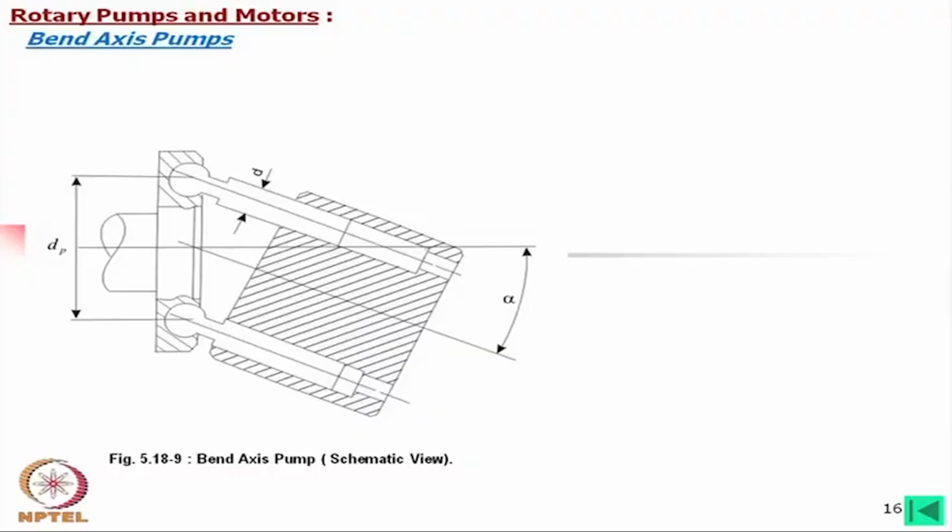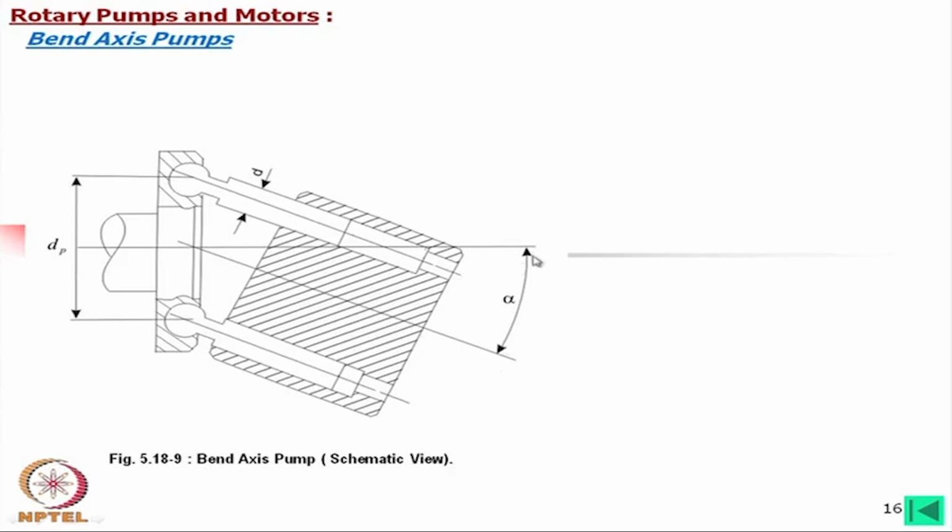So alternatively it was thought, instead of using such a swash plate, why not bend the whole barrel, and in that way the bent axis pump was invented.